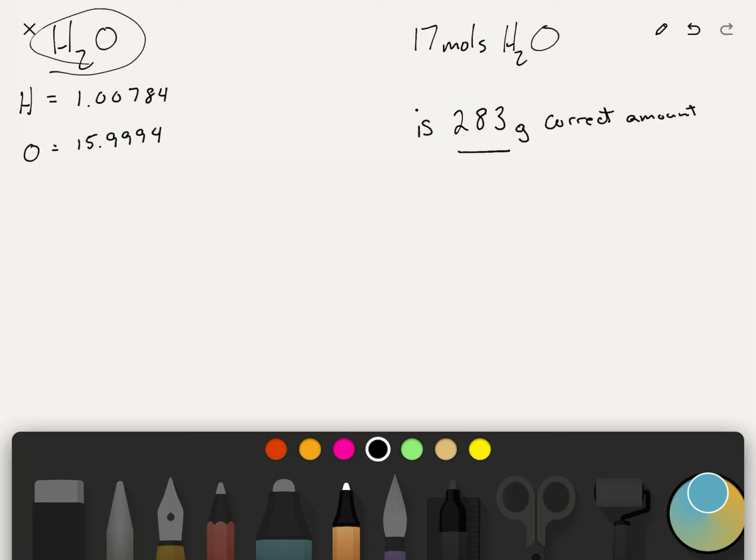So I looked up on the periodic table the molar mass of each of the individual elements, and hydrogen is 1.00784 grams per mole, and oxygen is 15.9994. Since we have two hydrogens, I'm going to multiply by 2.